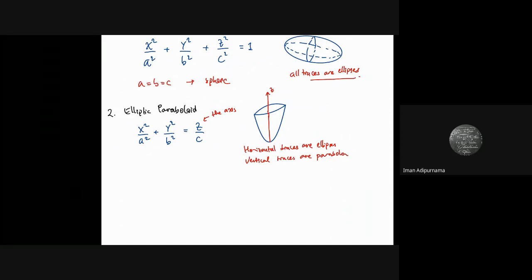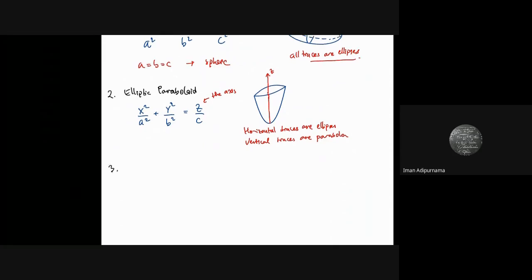Okay. The third one is the hyperbolic paraboloid, the complicated one. It has a hyperbola shape and then a parabola shape.